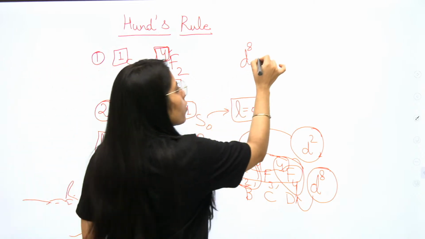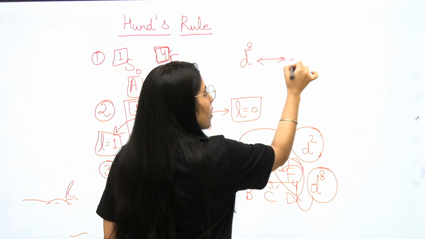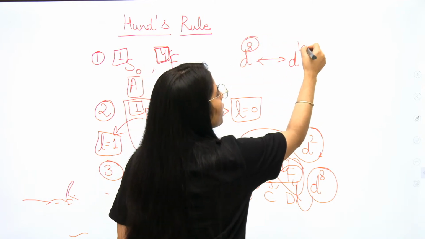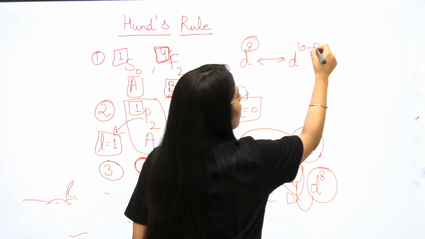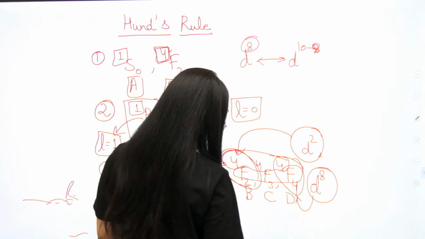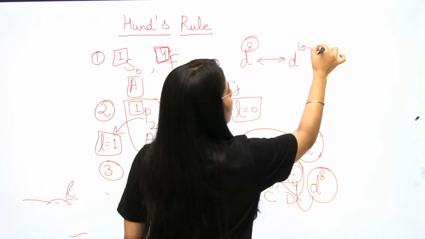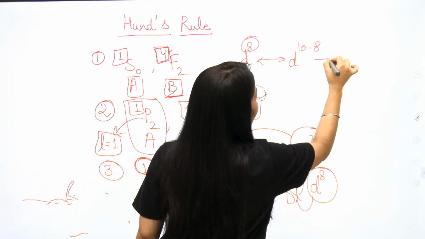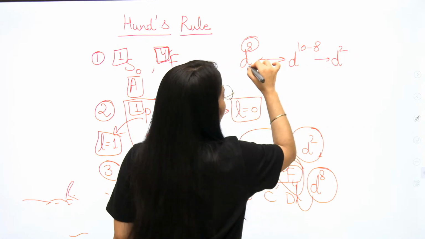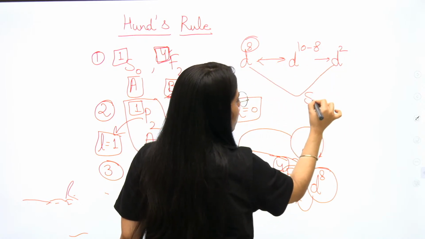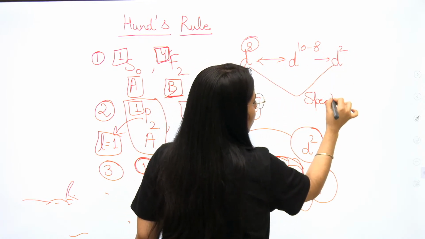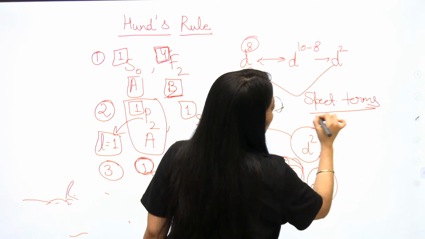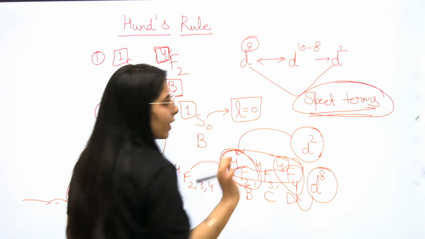If you subtract 8 out of the maximum number of electrons you can have, 10 minus 8 gives you D2. So the spectroscopic terms which you will get either from D2 or from D8 will be the same.